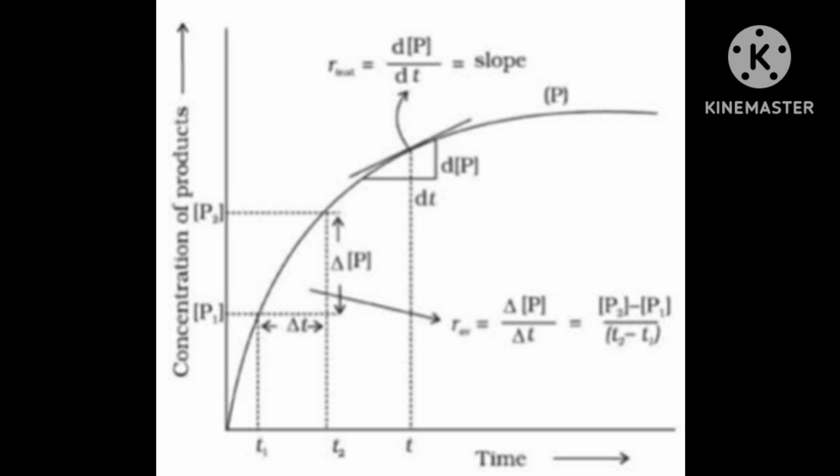At 0 time no reaction has happened yet, so the concentration of the reactant is as it is. It has not decreased. At 0 time there is no reaction, so the reactant will be full, no consumption, no use. And as time passes, the concentration of the reactant will slowly begin to decrease.